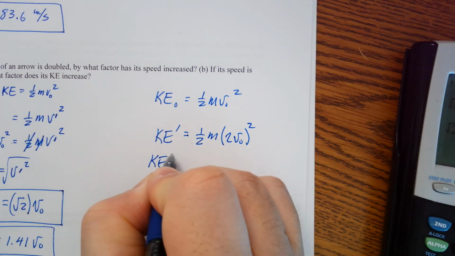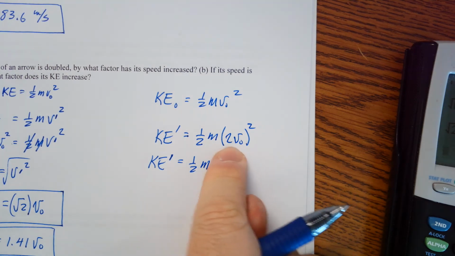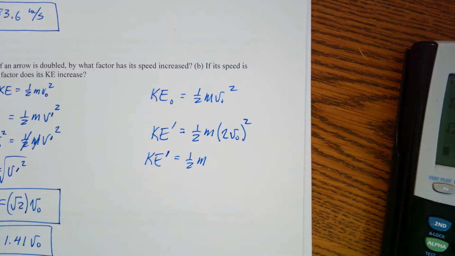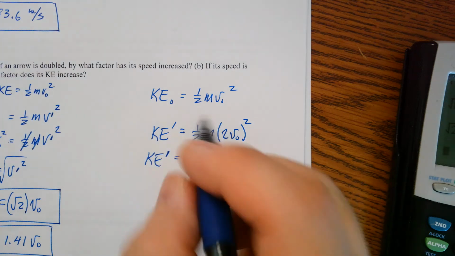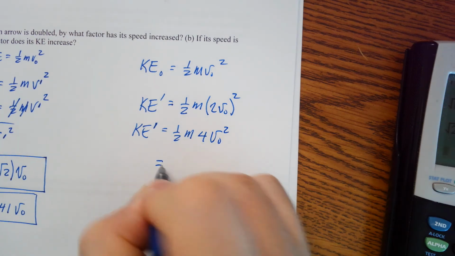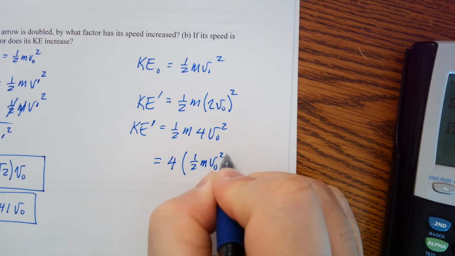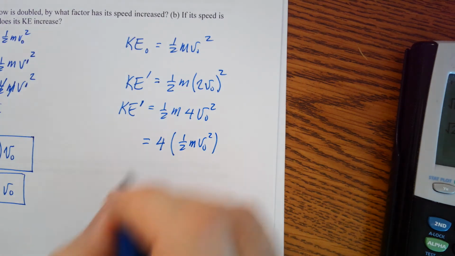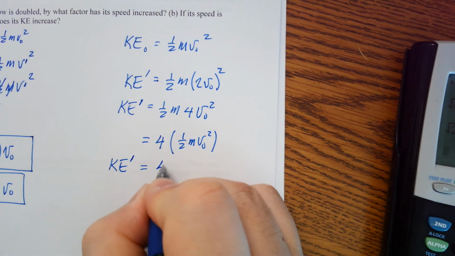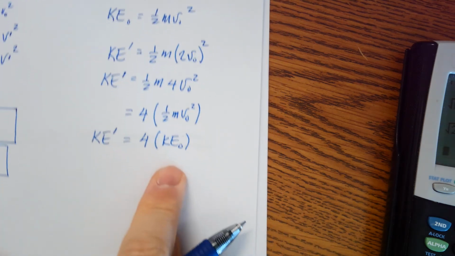We have kinetic energy prime is equal to 1/2 m times, when we square the whole thing inside the parenthesis, we basically get 4 v naught squared. That is 4 times 1/2 m v naught squared, right? So the kinetic energy prime is 4 times the original kinetic energy required.